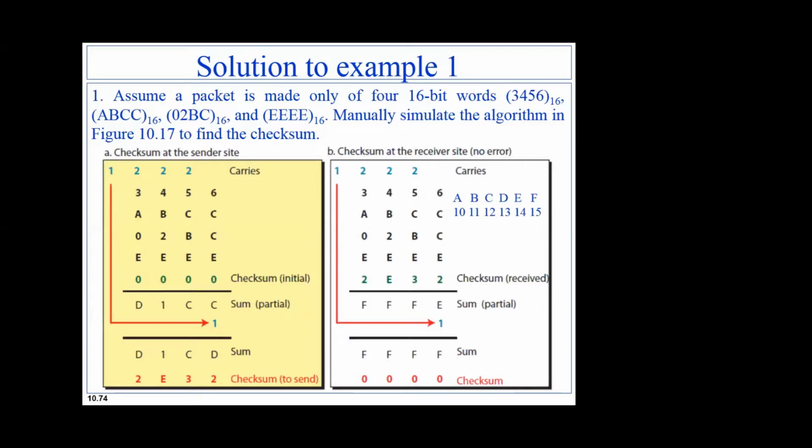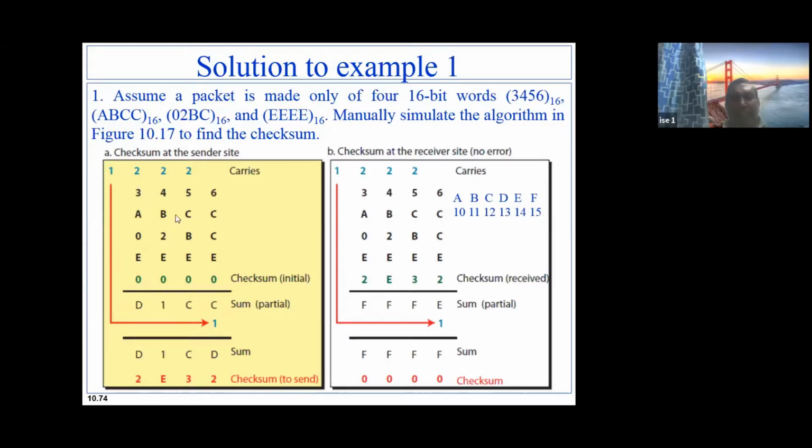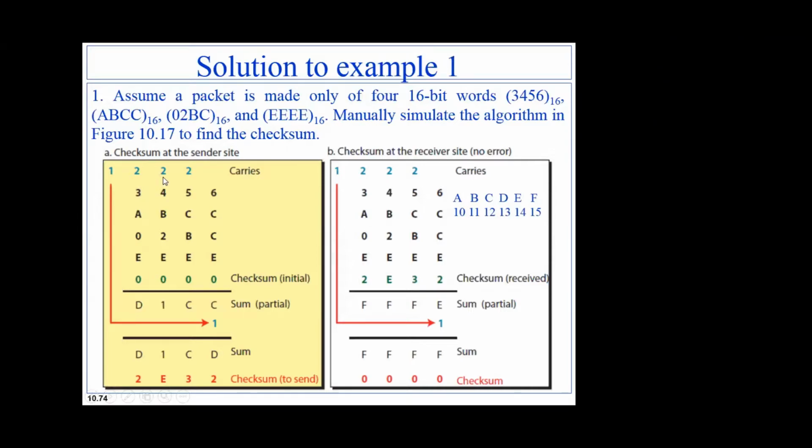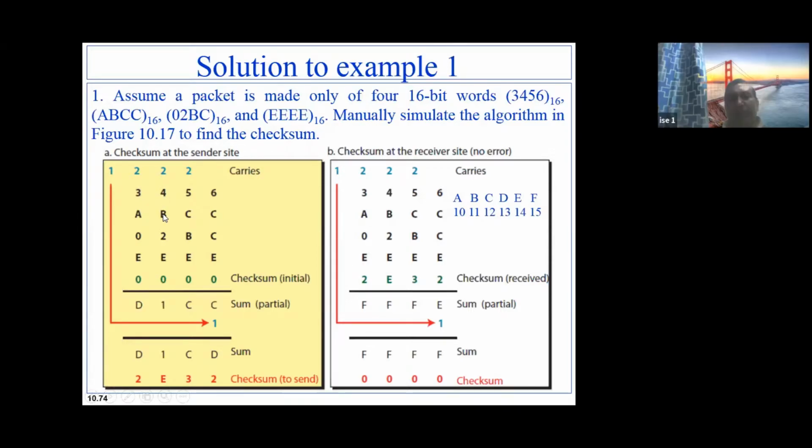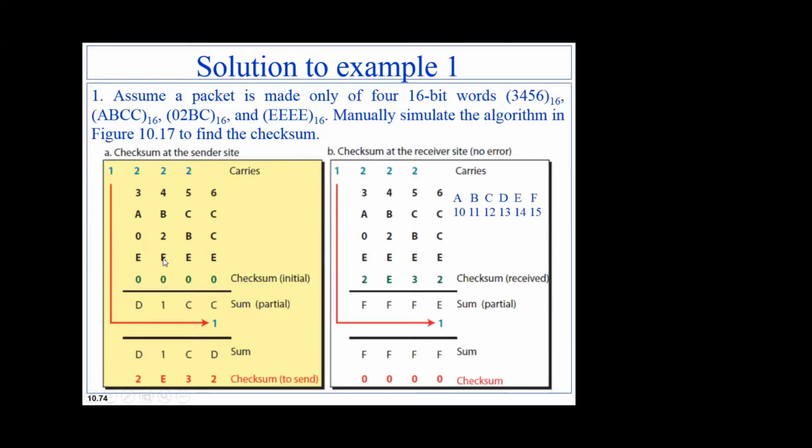It is again 44, so I'll get the same C and 2 here. Then 2 plus 4, 6, plus B. B is 11, so 17, plus 2, 19, plus 14, 33.